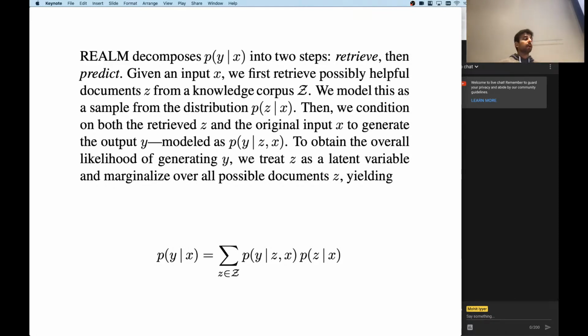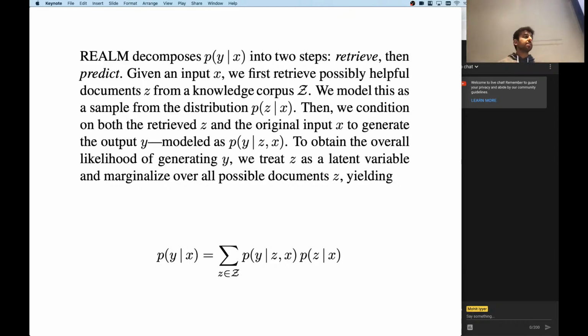In the REALM paper, they take the top K of those, where K is usually 5 or 8 or something like that, and they marginalize over the top K instead of all possible documents. So this is, of course, a big approximation. Now in this function, the candidate set consists of only the top K highest scored retrievals instead of all possible documents. But in practice, it seems to work fairly well, and they're able to learn a model that actually retrieves useful passages.